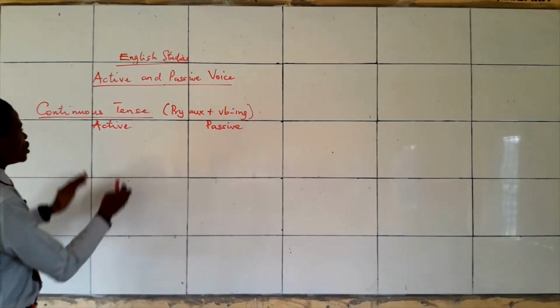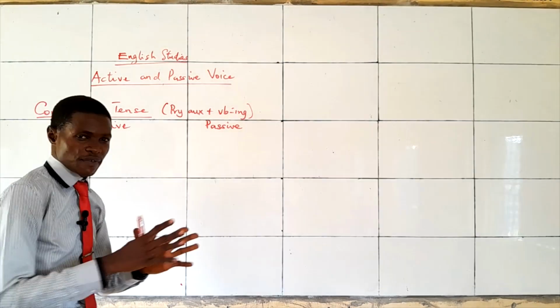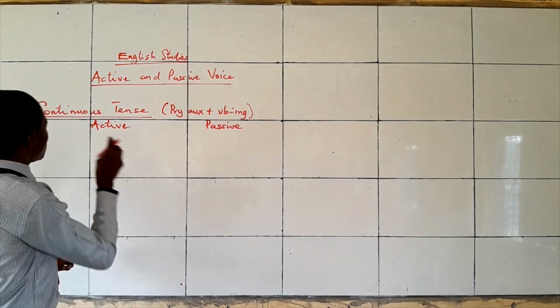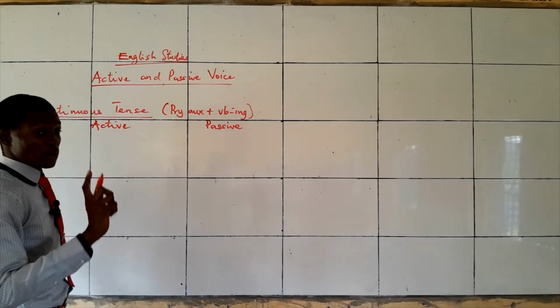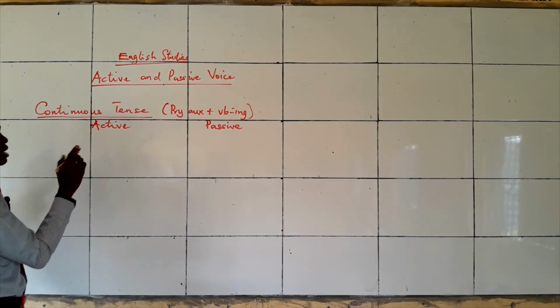If you now have a continuous tense in the active, how do we convert it to passive? That is what we need to examine today. Now, to identify continuous tense, do not forget we said we are going to use primary auxiliaries. What are the primary auxiliaries that we examined then?